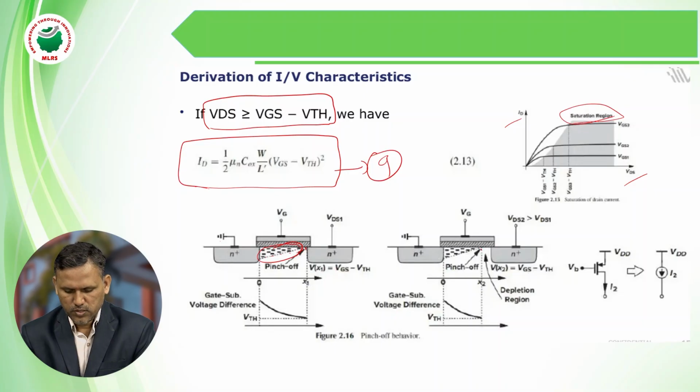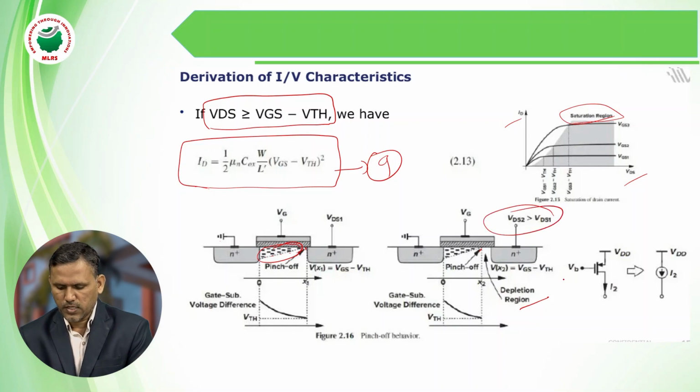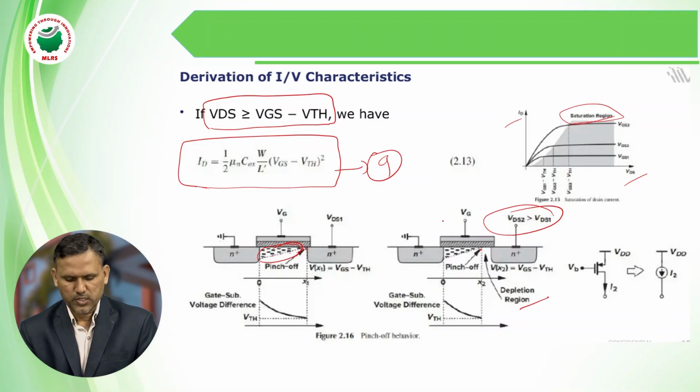Here you may observe this is the pinch off point and this is the depletion region. This is the condition you can observe. Based on the supply and the dopant levels, the channel goes on increasing or decreasing. So this will give special applications with respect to VDS, VGS and VTH.